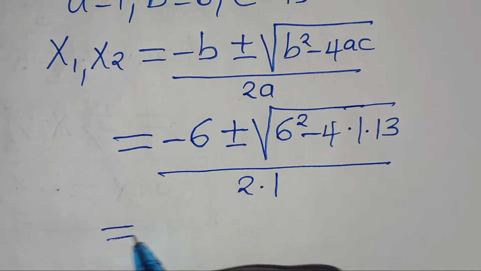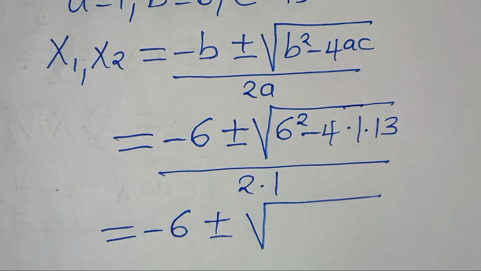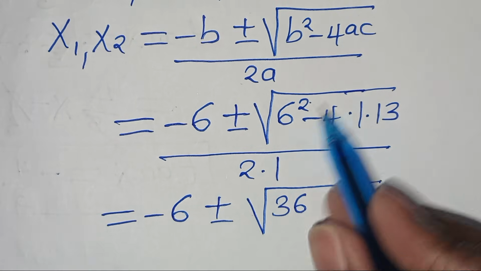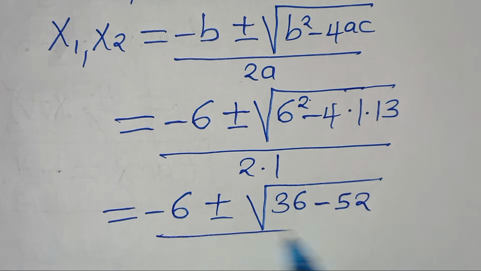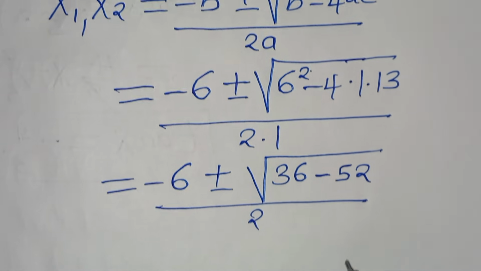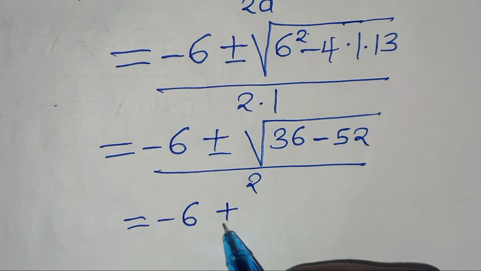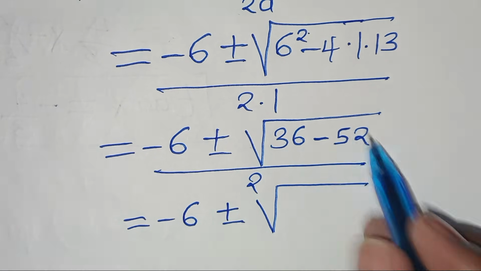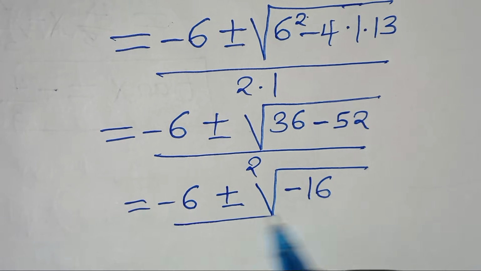So this is the same thing as (-6 ± the square root of 6 squared, this is 36, then 4 times 13, this is 52) divided by 2. So this is -6 ± the square root of 36 - 52, which is -16, divided by 2.